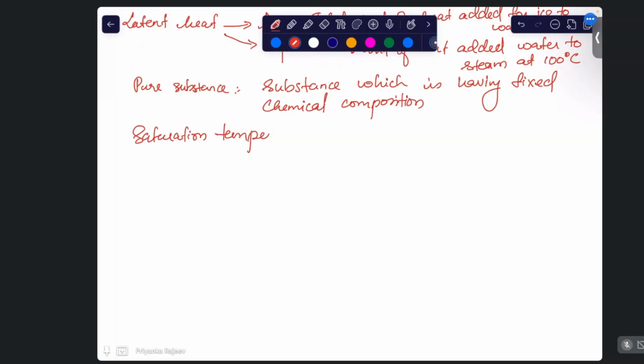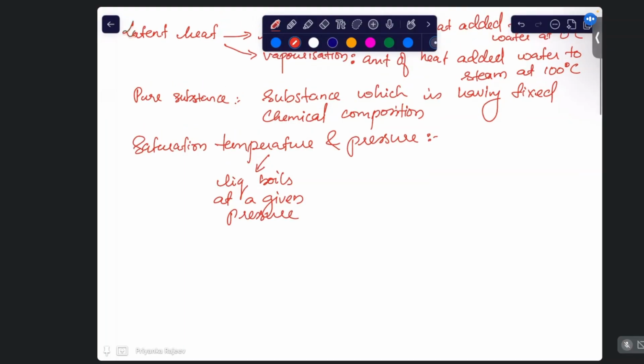Saturation temperature means the temperature at which liquid boils at a given pressure.